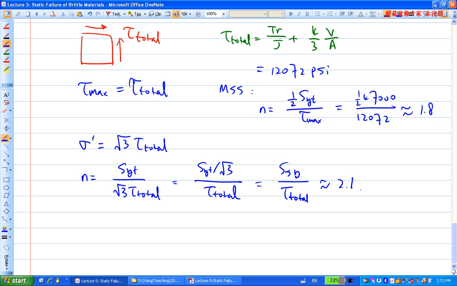So this is basically a typical example. I would say it's a little bit challenging, because it has a combination of different loadings. However, when you do this at the early stage, I want you to try to do everything.